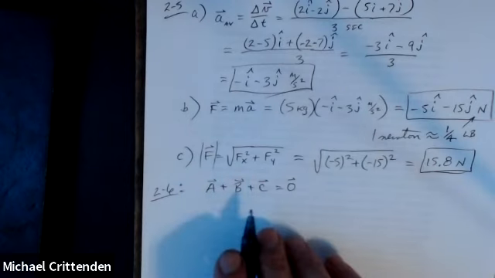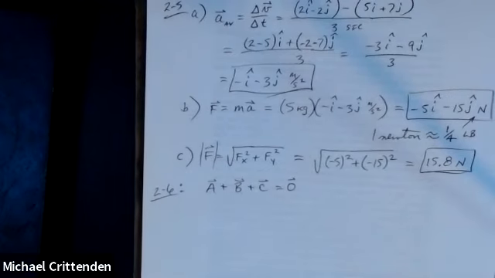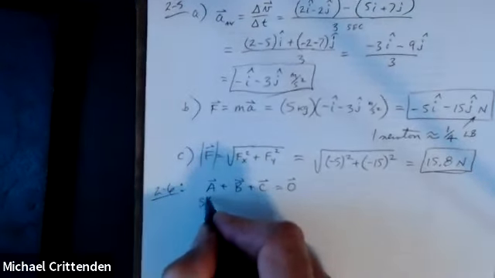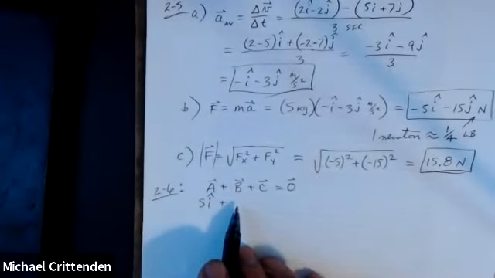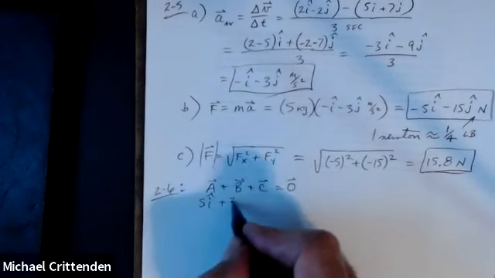So fill in what we know, solve for what we don't know. Vector A is 5 newtons pointing right straight down the x-axis, 5 times i. Vector B is 3 newtons pointing right straight up the y-axis, 3 times j.